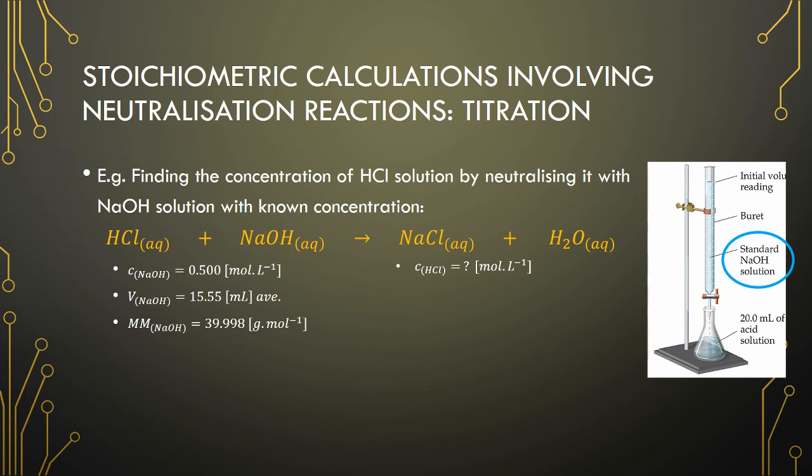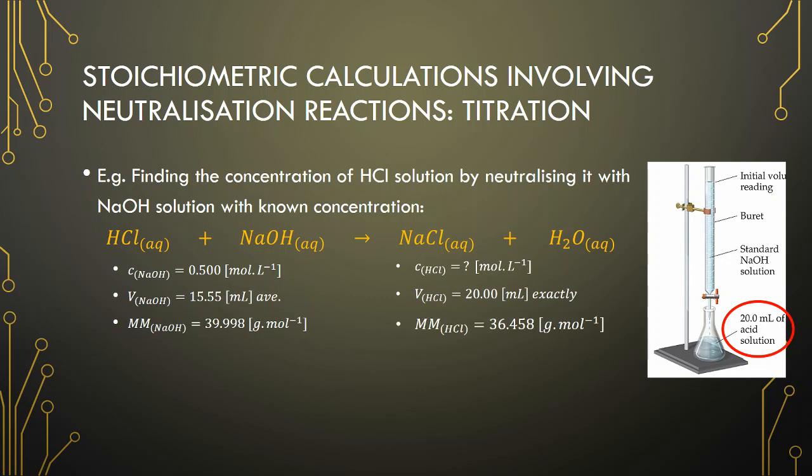The concentration of the acid, HCl, is not something that you know. Volume, though, you know exactly how much you have added into the conical flask to start with, so that was 20 mL. You can also tell the molar mass by looking at the periodic table. By looking at the equation, you can tell the stoichiometric ratio between HCl and NaOH is 1:1, which would be really useful and handy for you to know.